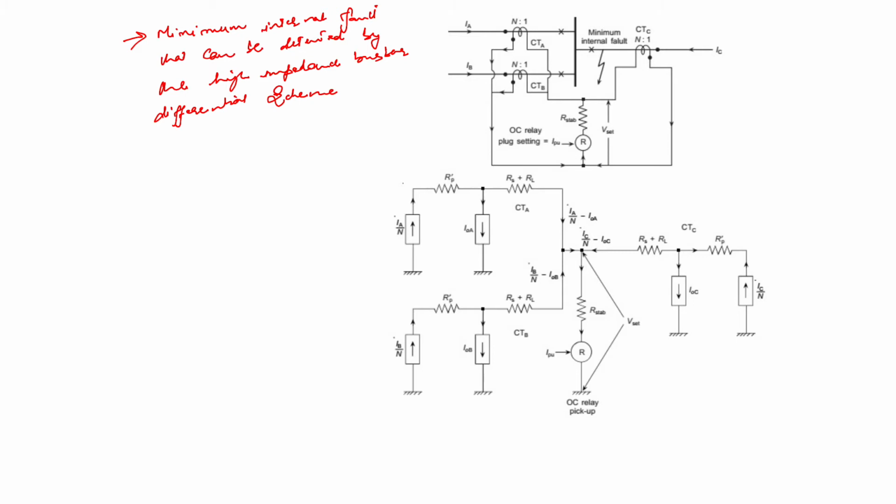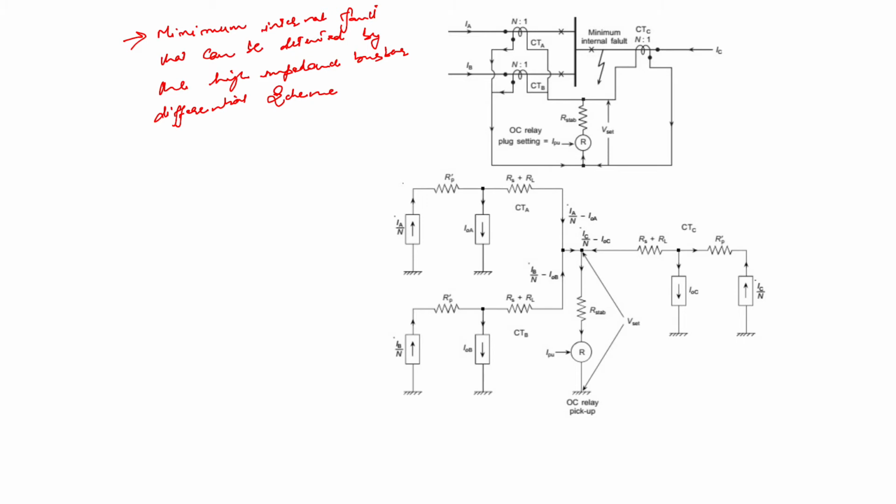So it is worthwhile to investigate the minimum internal fault current that can be detected by the high impedance busbar differential scheme. The equivalent CT secondary circuit during the internal fault is also shown here in this diagram. It is assumed that none of the CTs are saturated in that case, because we are considering the minimum fault current.